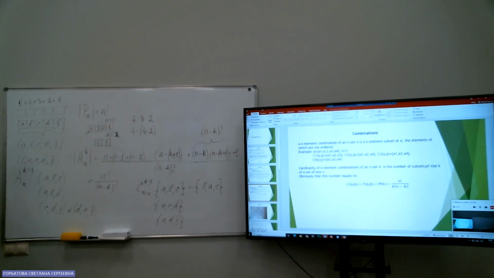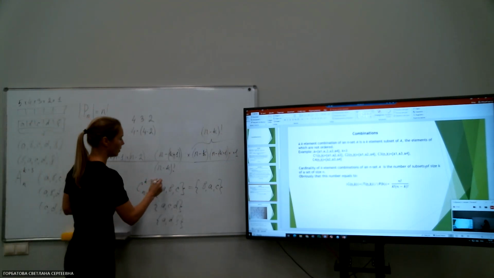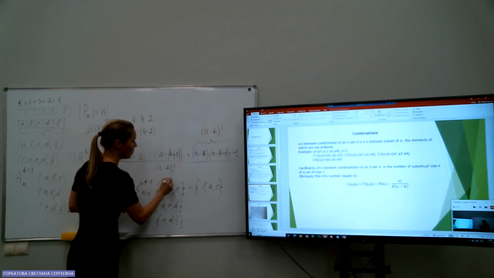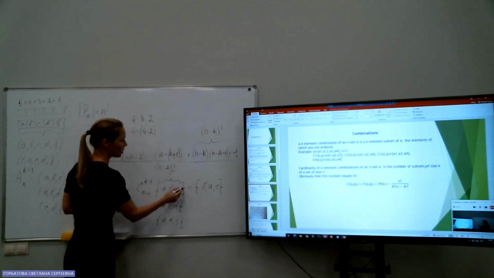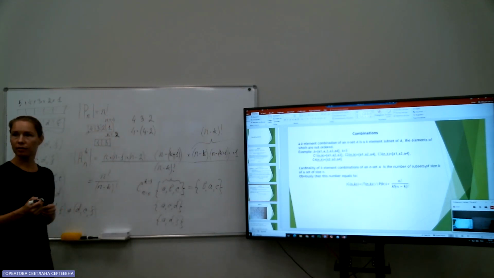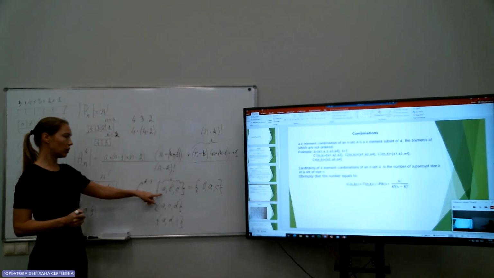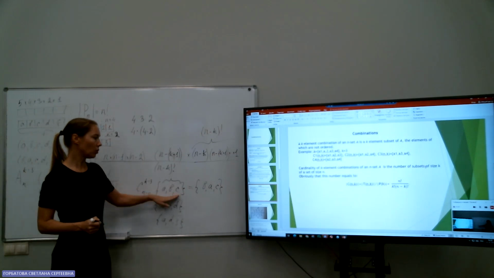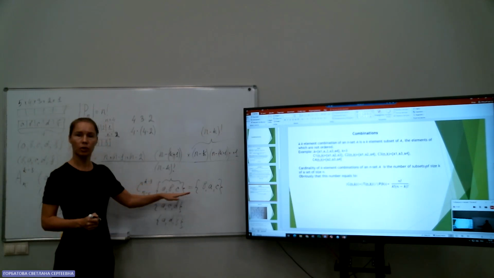And how many times? Number of permutations of these elements. Yeah? Because here order doesn't matter, so this and this are the same.